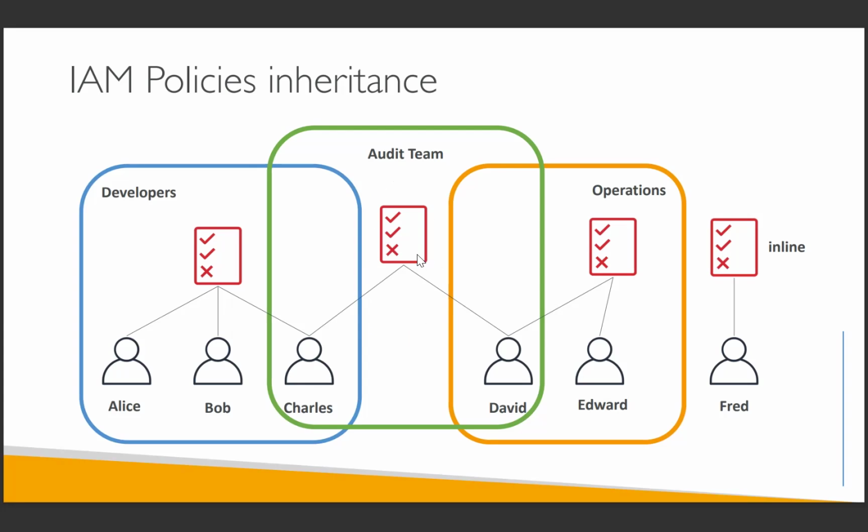So we will create a separate group and assign a policy for the audit team, and then Charles will have the privilege to access the resources defined in the IAM policy of developers, as well as those defined in the IAM policy of the audit team. Okay, so this is the one.